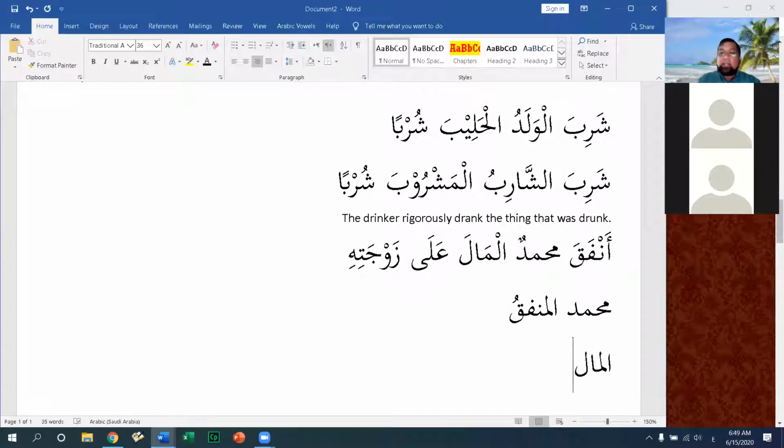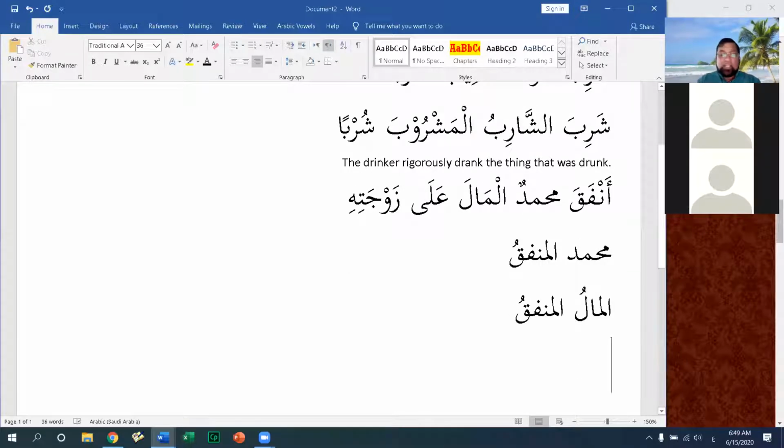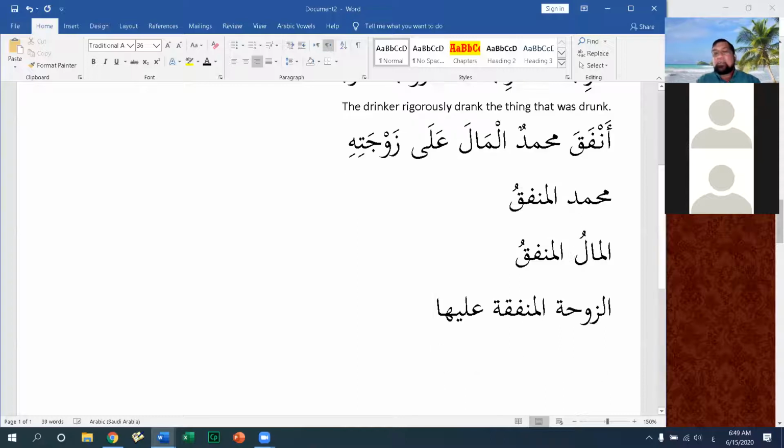Al-malu, sorry, we're making sentences. Al-munfaqu. The wealth is the thing that was spent. But then we'll say az-zawjatu al-munfaqatu alayha. That's the one he spent upon. Let me put in this vowel at least, so we differentiate between the two.